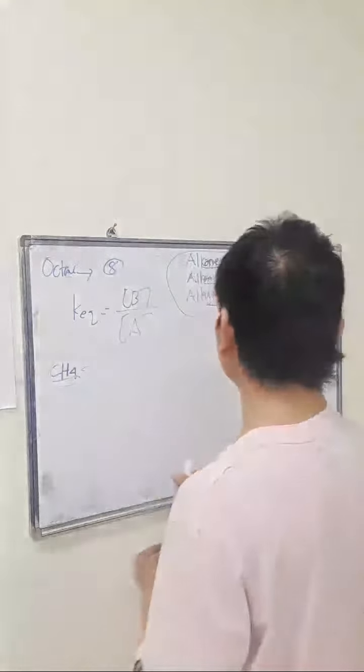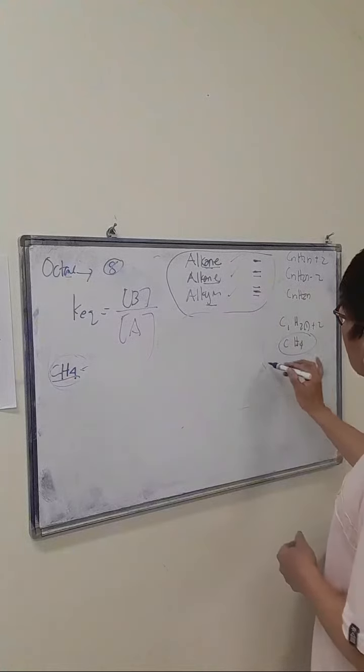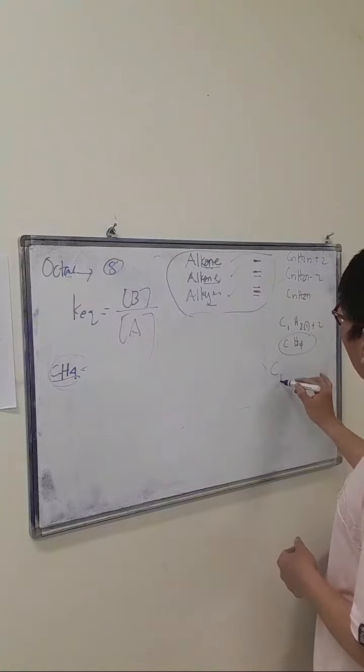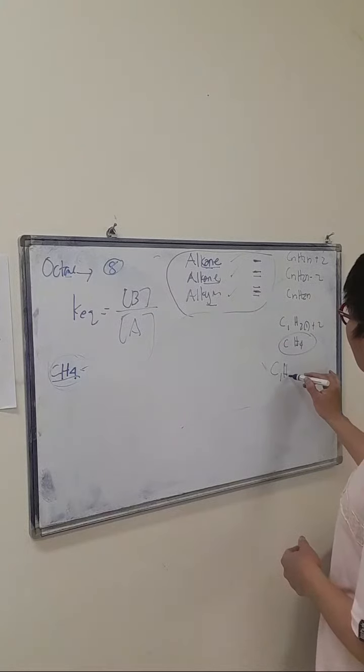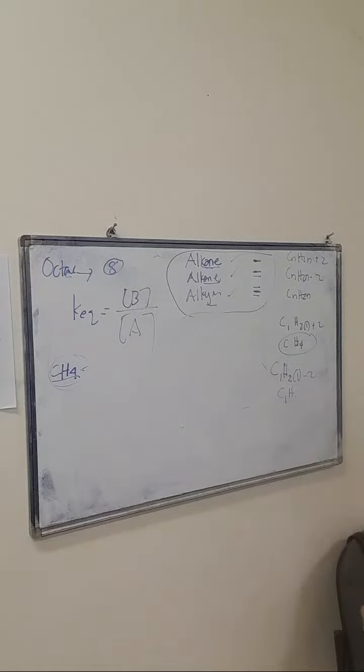Now, what is the double bond if I have one carbon atom? So the double bond will be C1H2 times 1 minus 2. And this is C1H2 minus 2 is equal to 0. Right, mga palangga? So there's 2 times 1, this is 2.